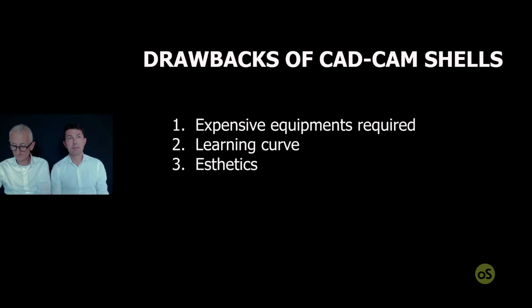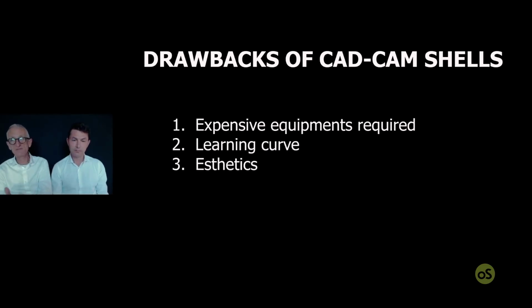And the milling machine doesn't have the best result during the milling process. And it is important for the dental technician or the doctor to improve the shape after the milling process.